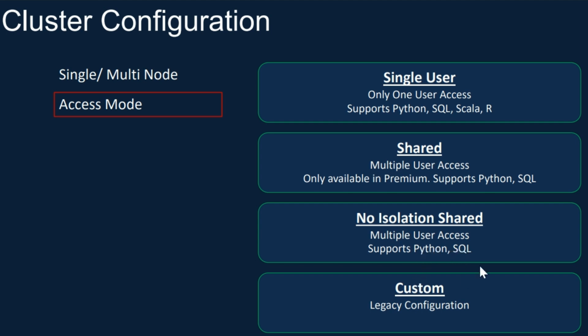It's available on both standard and premium workspaces, and it supports all four languages: Python, Scala, SQL and R. The main difference between this and the shared access mode is that no isolation shared doesn't provide any process isolation, so a failure in one user's process may affect the others. It doesn't offer any task preemption, so one running process may use all the resources and the others may fail.